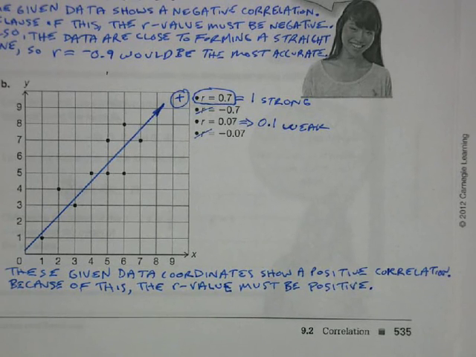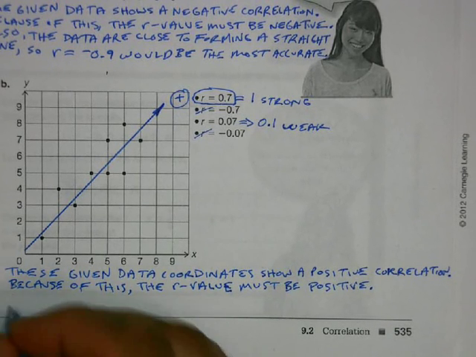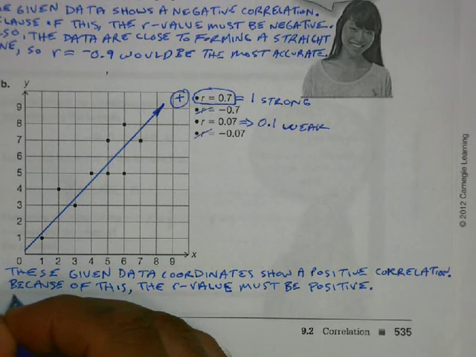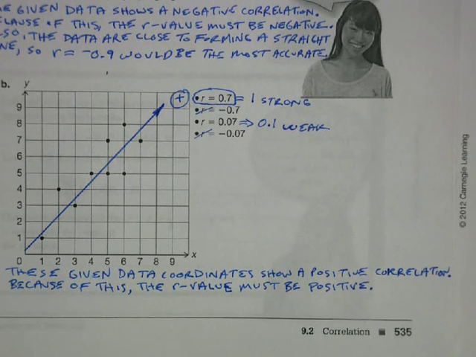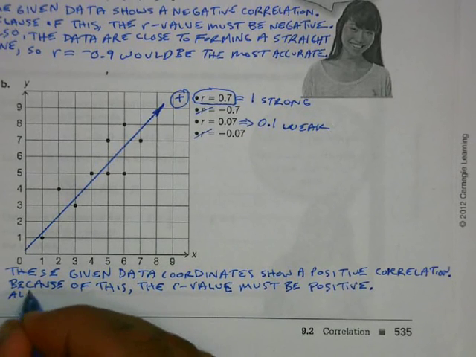So also the data are fairly close to forming a straight line.